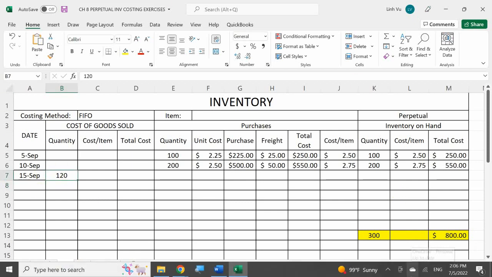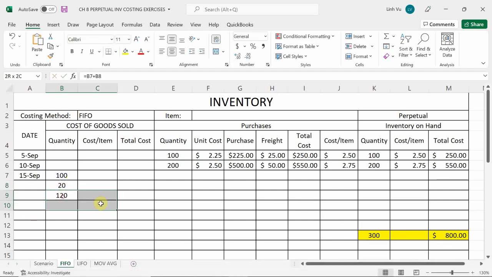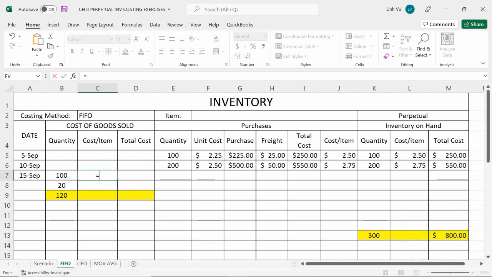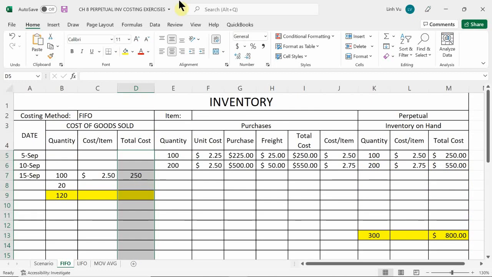We need to break this up because I have to sell a total of 120, and I only have 100 in my first batch, costing me $2.50 each, which gives me $250. That's me getting rid of my first 100 inventory items.